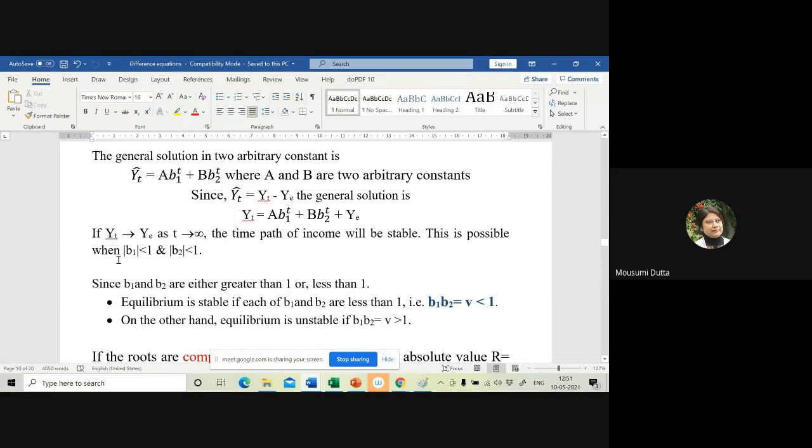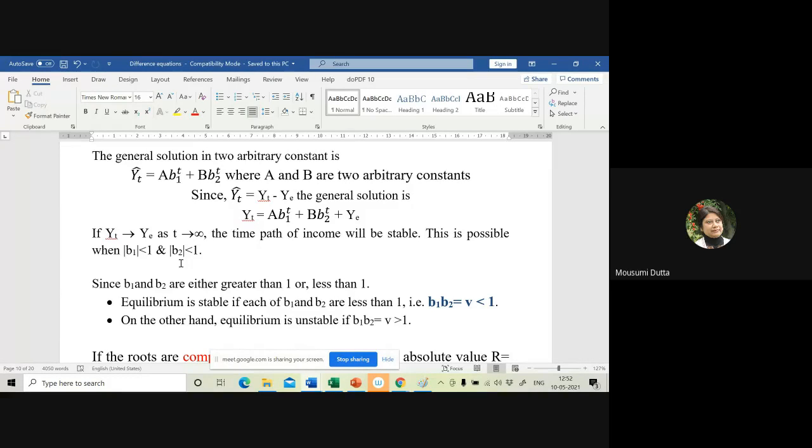When we talk about all these things, naturally we talk about the absolute values of the roots. When we talk about the nature of the time path, we look at whether the roots are real or complex conjugates. However, when we talk about stability, we just look at the absolute values of the roots.